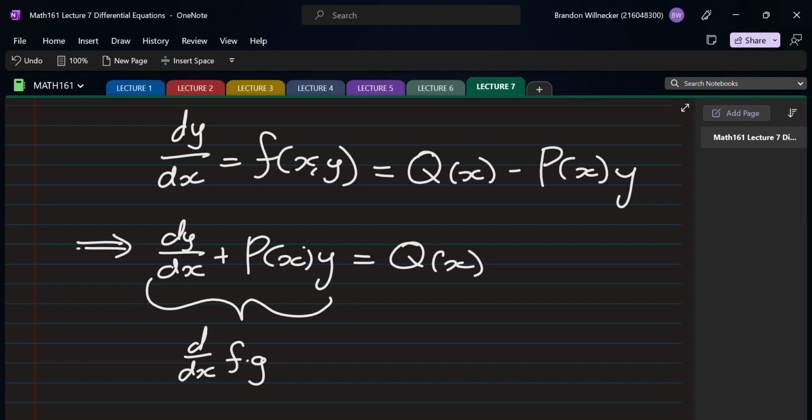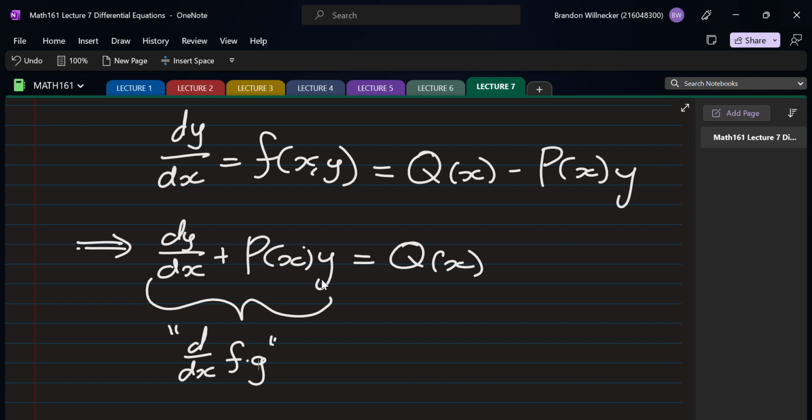So we end up with a combination of two terms with alternating derivatives. Okay, we want to try to do something like that with this. So we see we've got dy/dx for the first term, and then we got y for the second term. We want to try to combine these in a way.